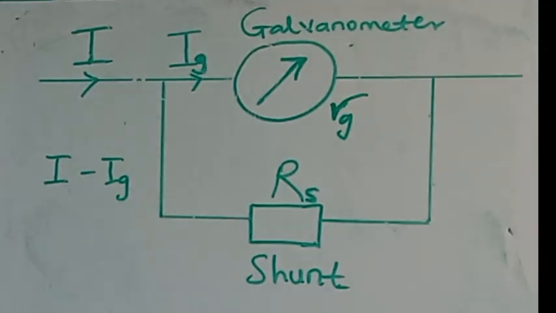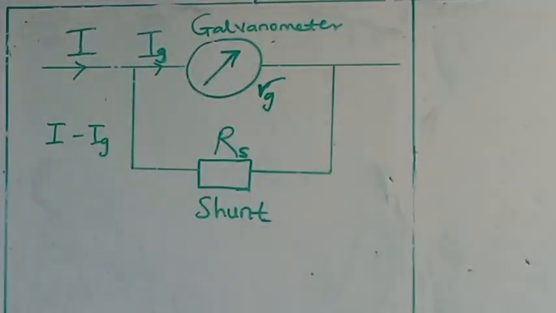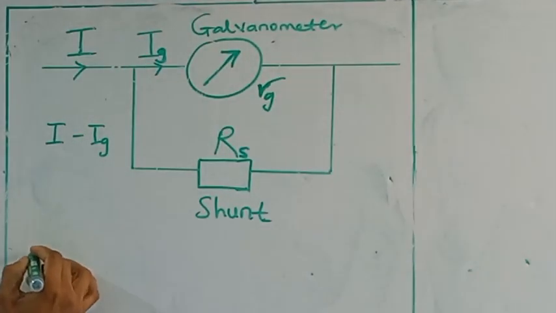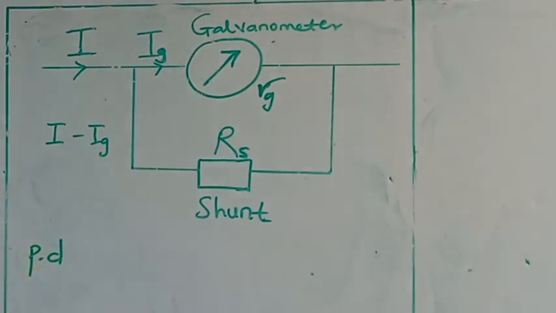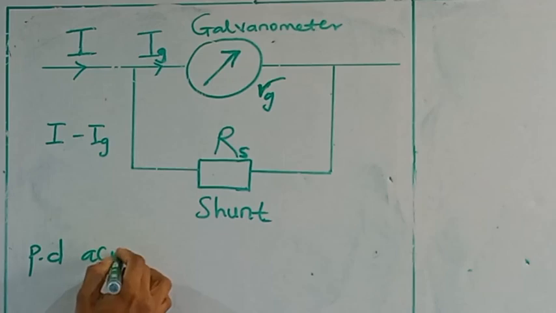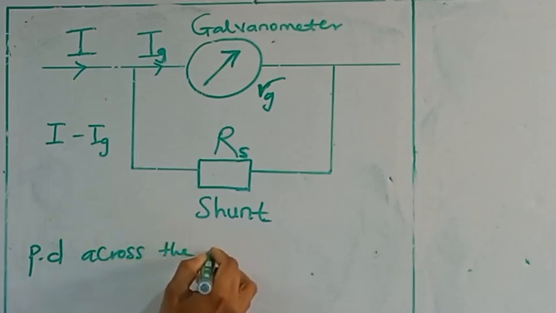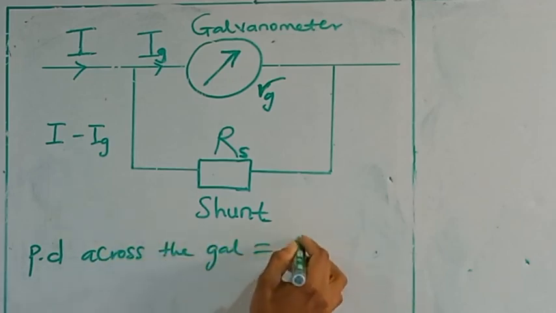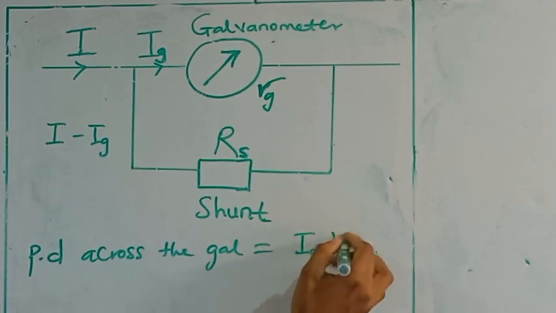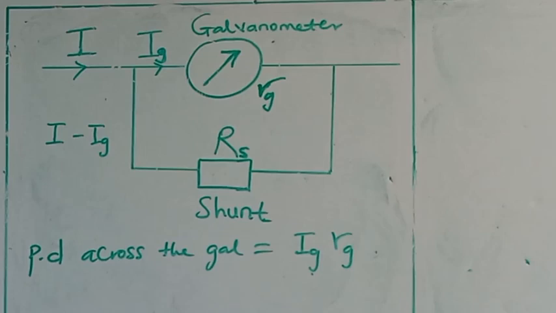In this case, the potential difference across the galvanometer will be IG times RG. Remember, V is equal to IR.